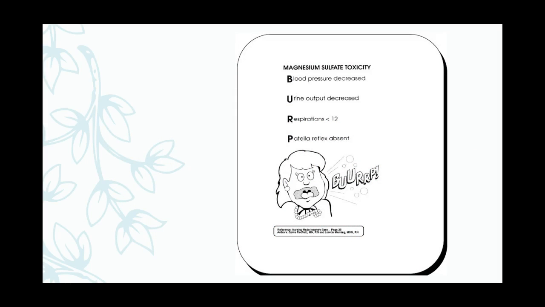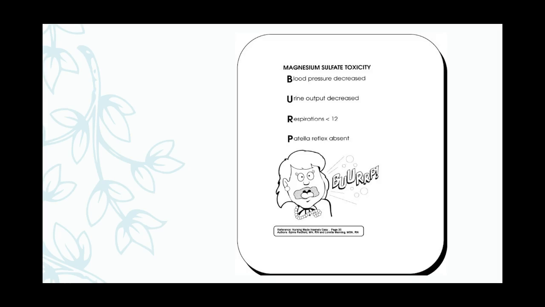Here is another acronym to help you remember the signs and symptoms of magnesium sulfate toxicity, and that acronym is BURP. So B, standing for blood pressure, is decreased. U, standing for urine output, is decreased. R, standing for respirations, are less than 12. And P, standing for patellar reflex, is absent.